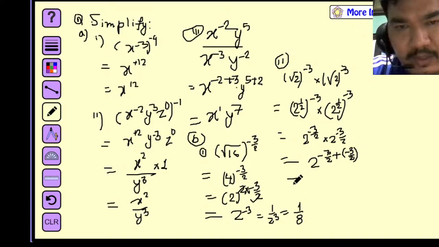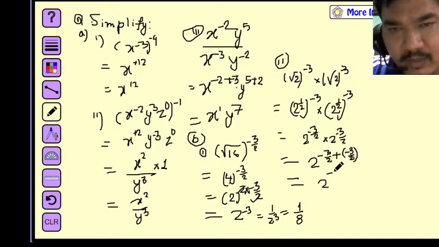Then what will be here? 2 to the power minus 3 minus 3, minus 6 by 2. Then 2 on the 2, 3s, so it came negative 3, 2 to the power minus 3.